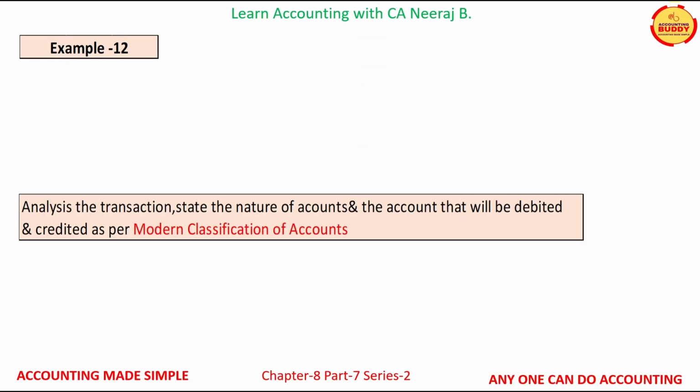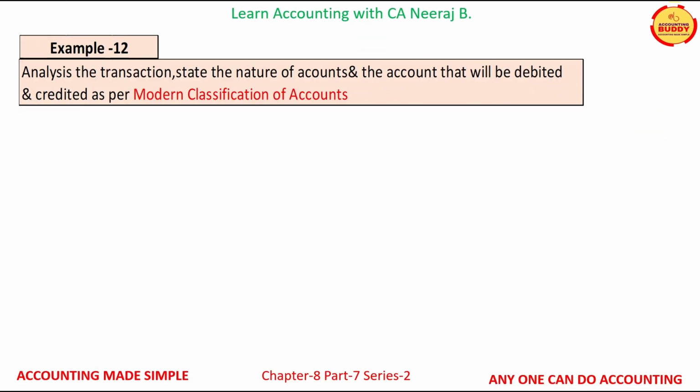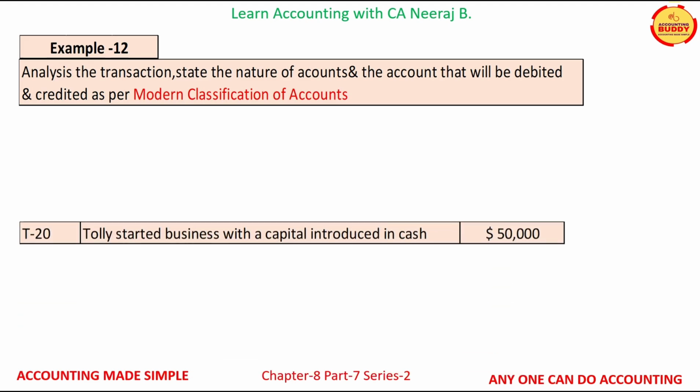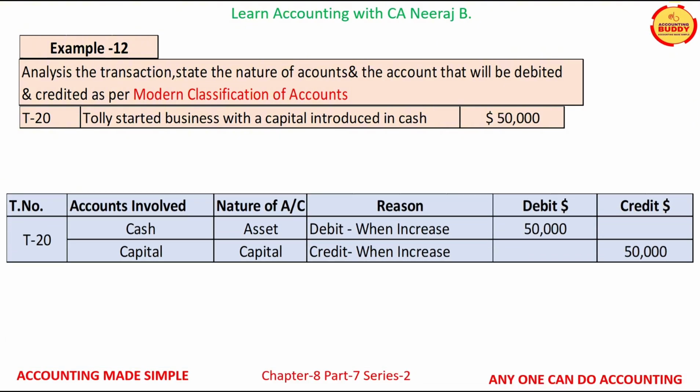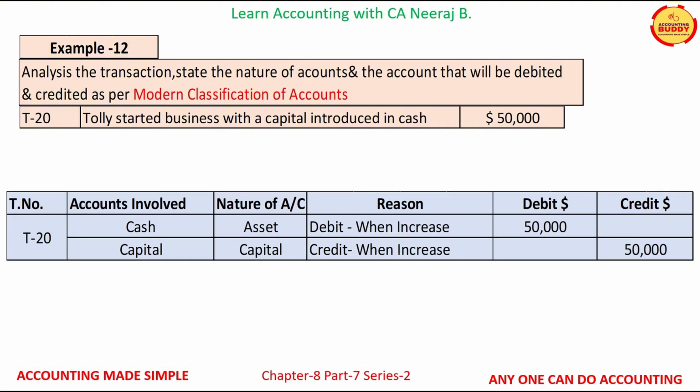Another illustration on your screen: analyze the transaction, state the nature of accounts and the account that will be debited and credited as per modern classification of accounts. Transaction T20 on your screen is Tully started business with a capital introduced in cash amounting to $50,000. The two accounts which are getting affected are the cash account and the capital account.